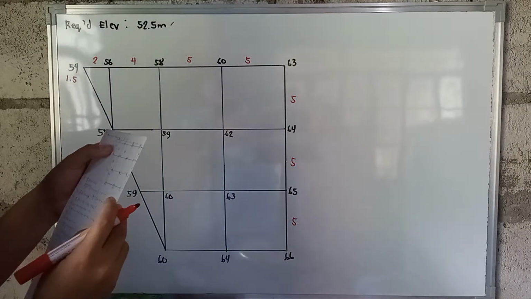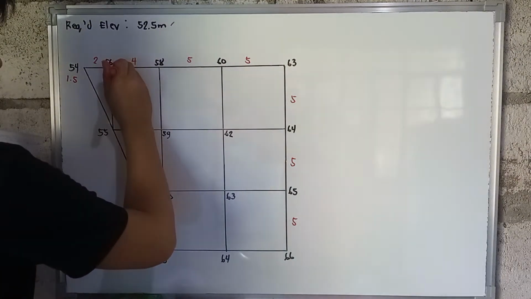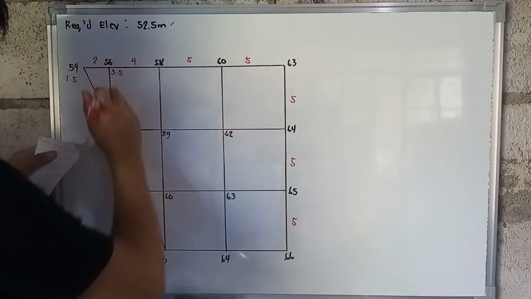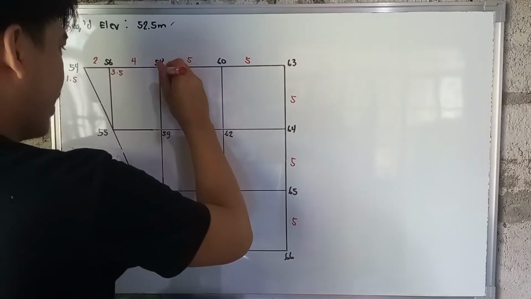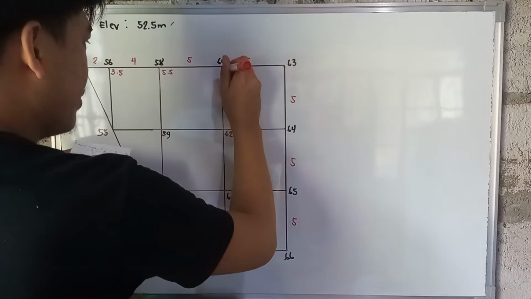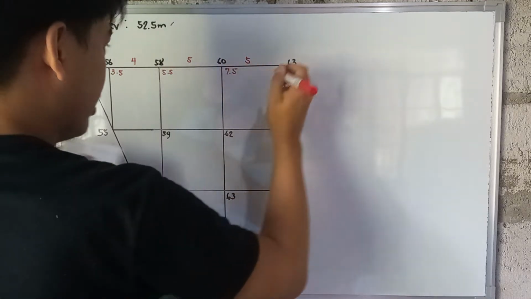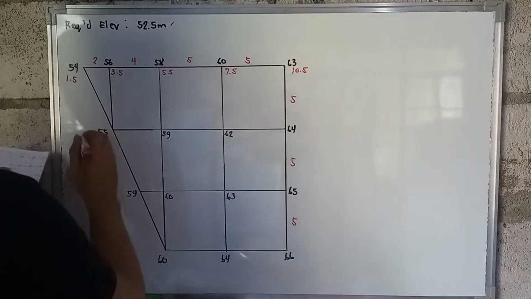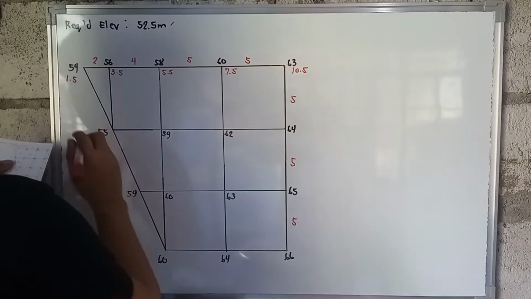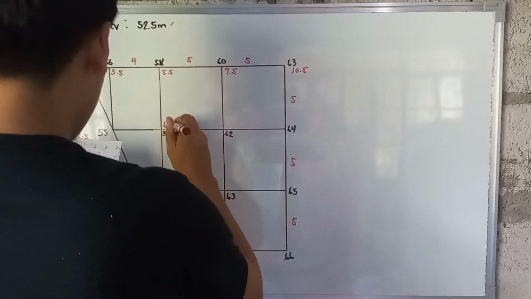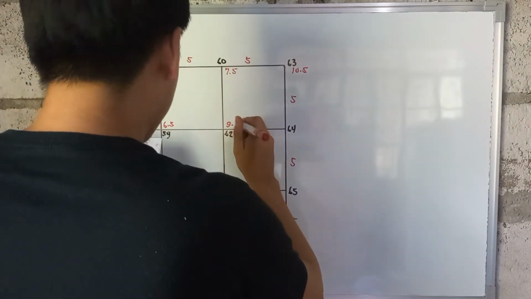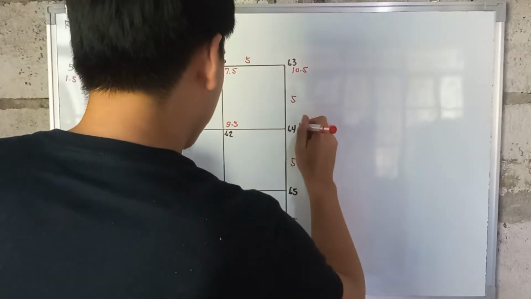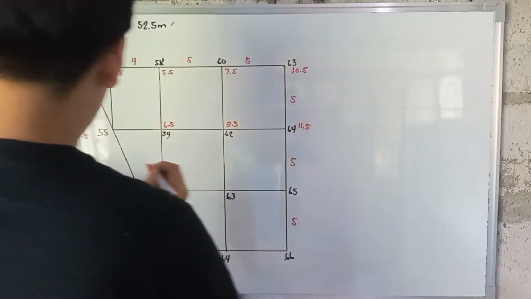Next, sa 56 naman. So, that will be 3.5. Tapos, dito is 5.5. 7.5. 10.5. 2.5. So, lagi mo lang siyang ima-minus yung required elevation. Diba? Kasi ipapatag natin siya.